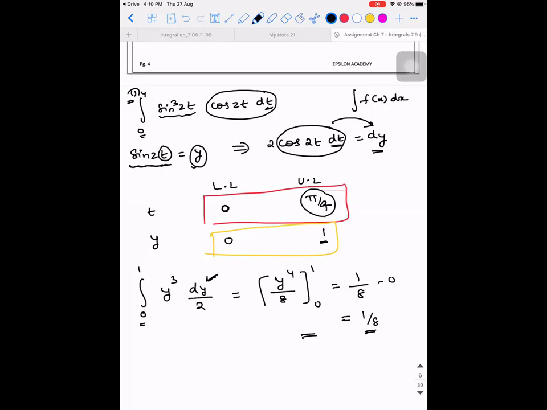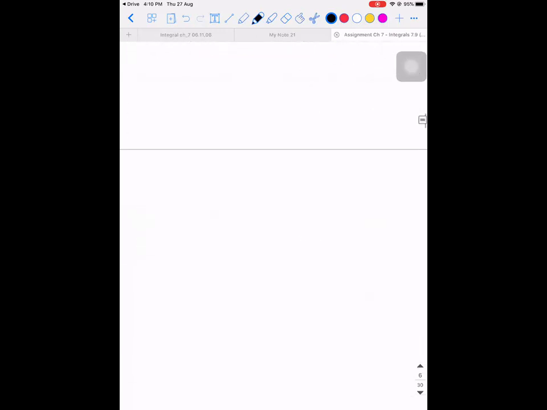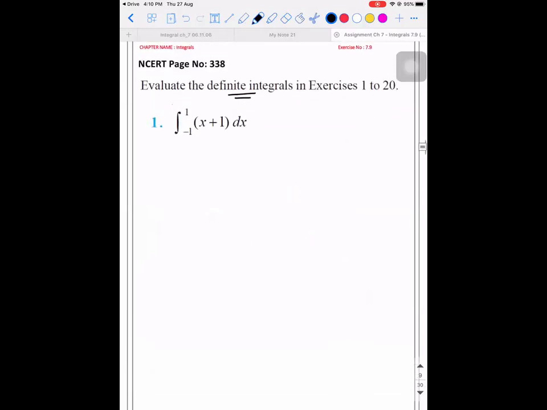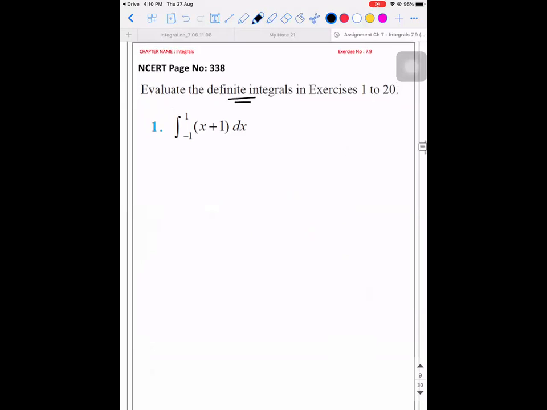Okay, so we'll move to the exercise. In the exercise, wherever we see this kind of question, we'll solve it in both methods to have clarity. So the first one, what can I do? Is it a complicated or a simple function?